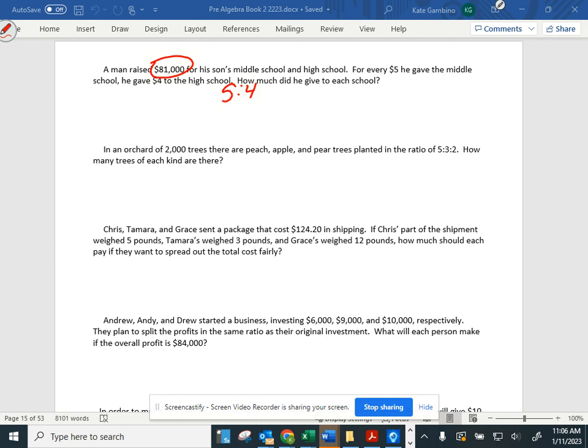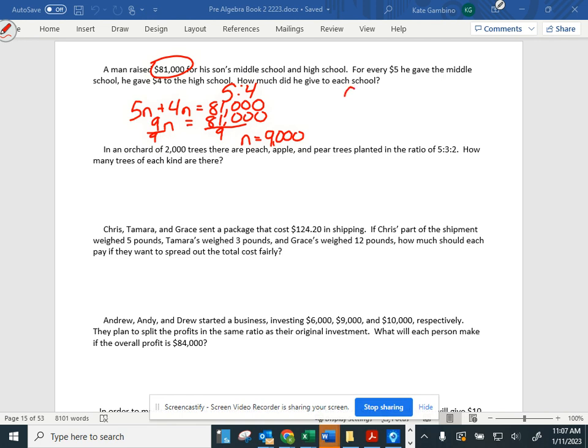So now we have 5n plus 4n equals $81,000. Combine them together: 9n equals $81,000. Get the n by itself, dividing by 9, and we get n equals $9,000.